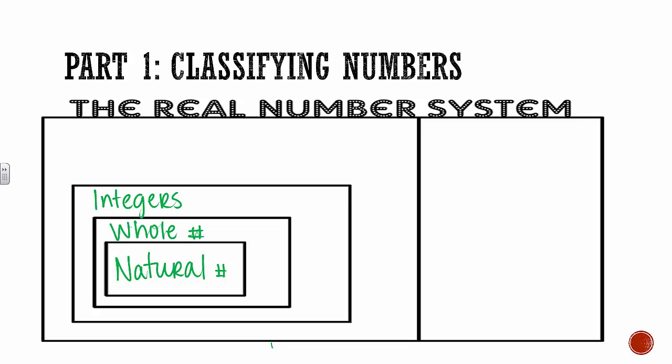Integers include the natural numbers, they include the 0, which makes it a whole number, and then they include negatives. And then finally we have rational numbers. Rational numbers include all of our integers, because we could always write an integer like 3 as 3 over 1. They include all the whole numbers, and then they include all the natural numbers. And then on this side we have irrational numbers.